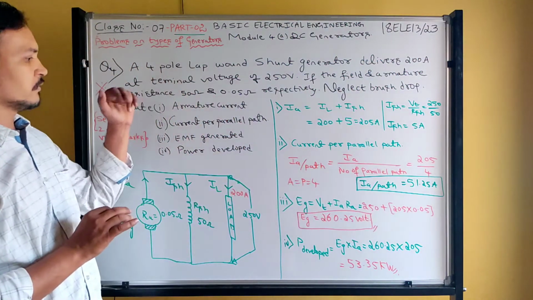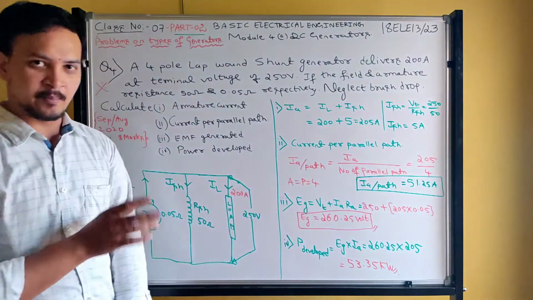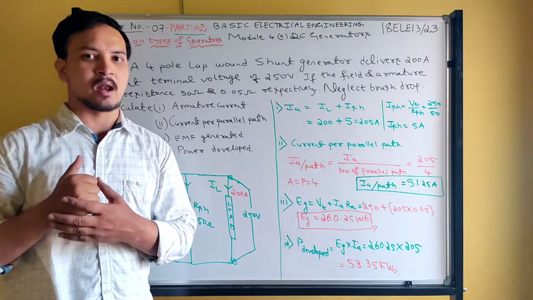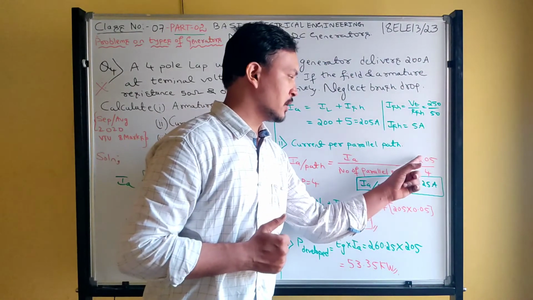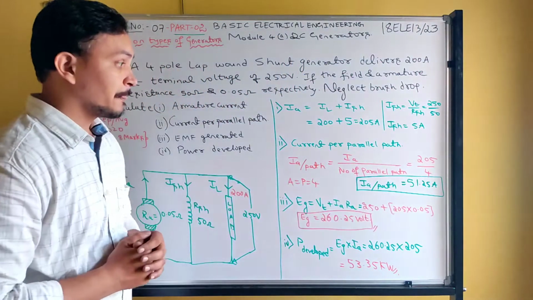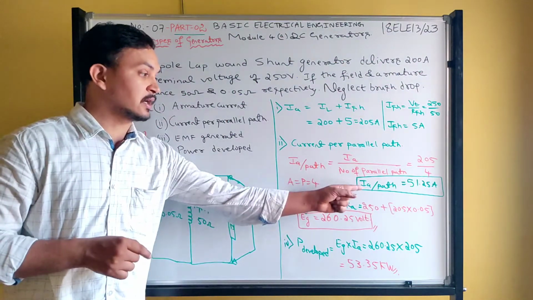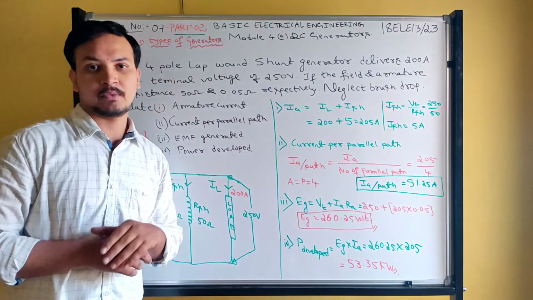How many poles? 4 poles. Therefore, I am dividing this entire 205 ampere current by the number of parallel paths. How many paths? 4 paths. 205 by 4, I got 51.25 ampere. Means there are 4 parallel paths, and in one path this much current is flowing. That is the meaning.